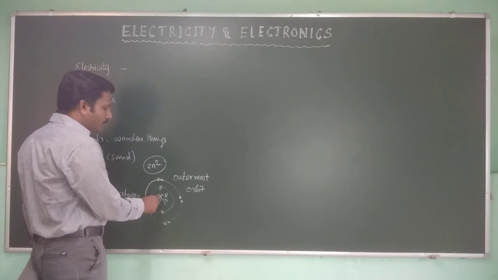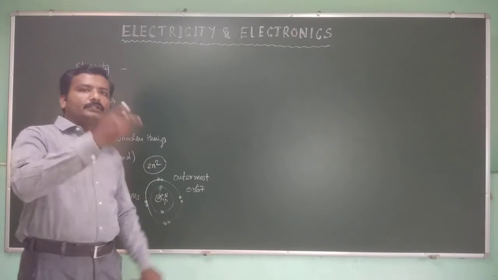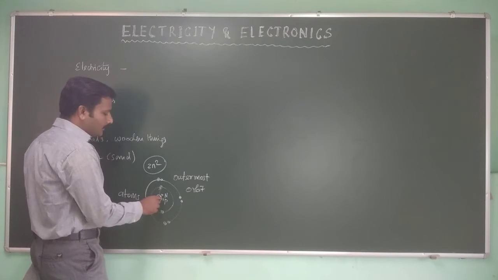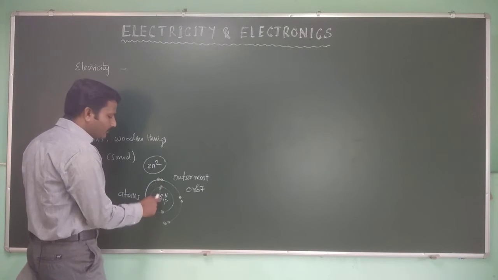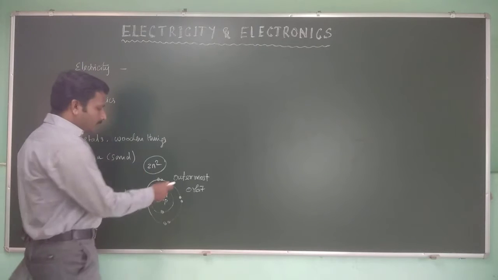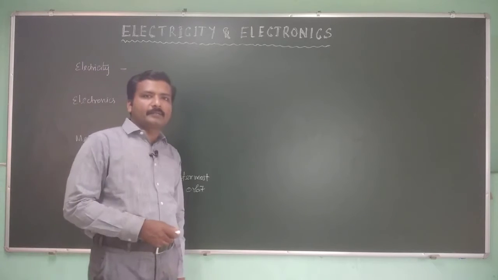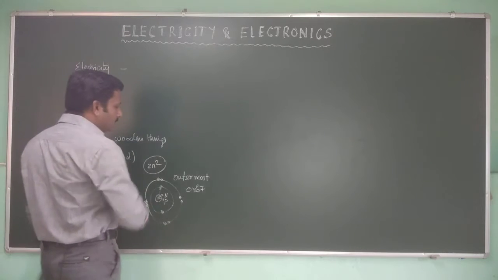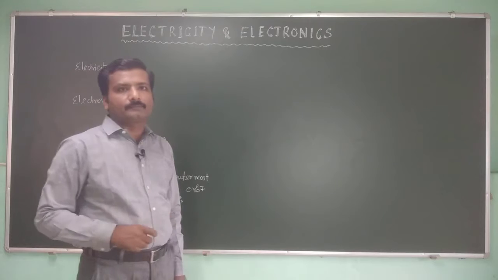This binding force will be weaker as you go out from the nucleus. That is, the force between the nucleus and the inner orbit is higher when compared with the force between the nucleus and the outer orbit. So the outermost orbit is called the valence orbit, where there are electrons with a weak bond with the nucleus.